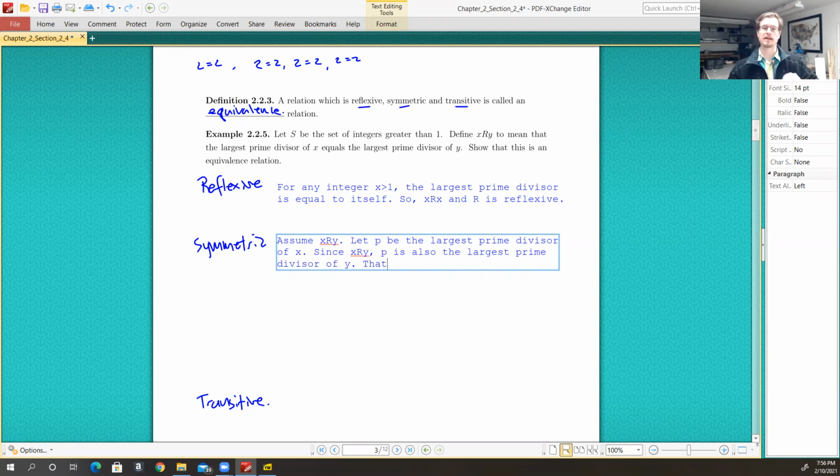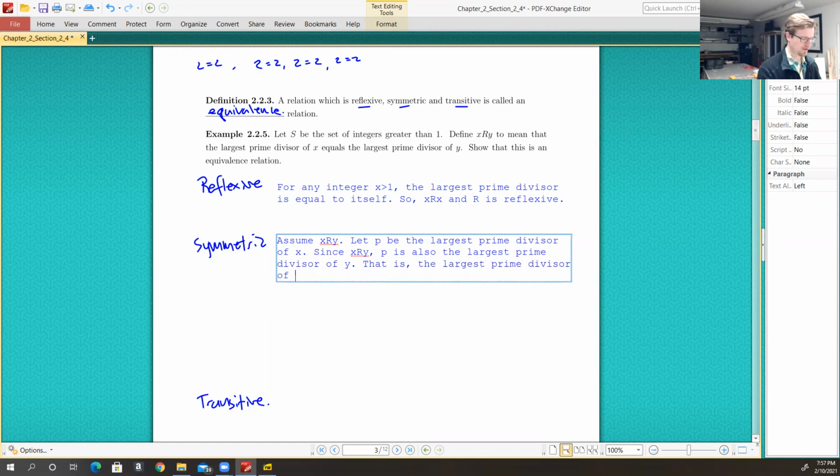And this allows us to make explicit the statement that y is related to x. So that is, the largest prime divisor of y is equal to the largest prime divisor of x.